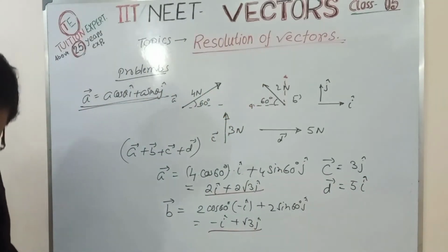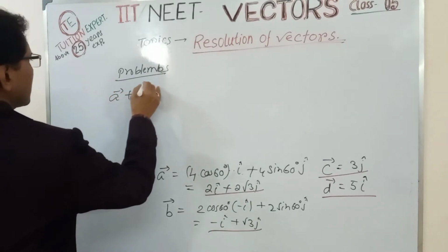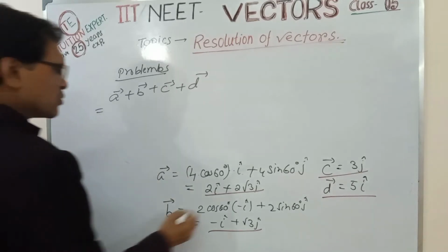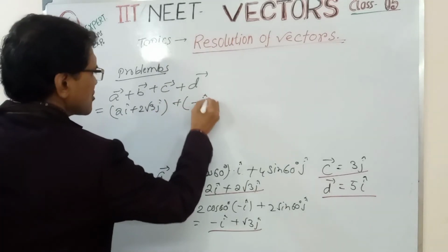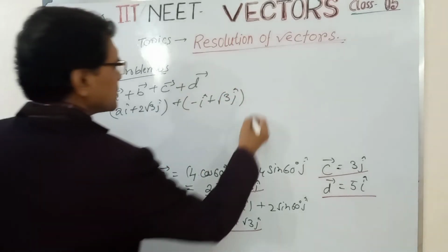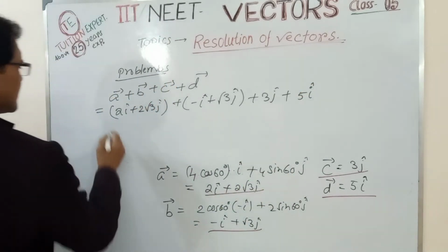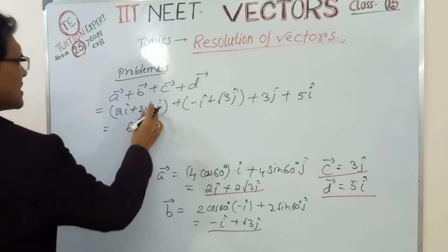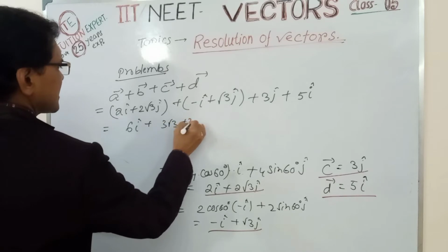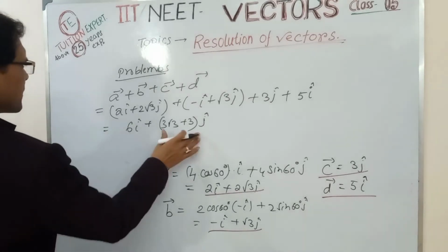So now we can add A plus B plus C plus D. Now we can add the i components together and the j components together. So this becomes A plus B plus C plus D.